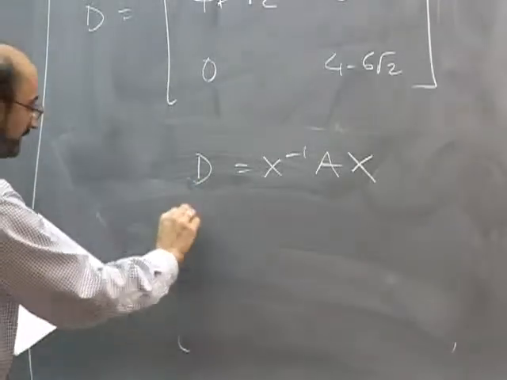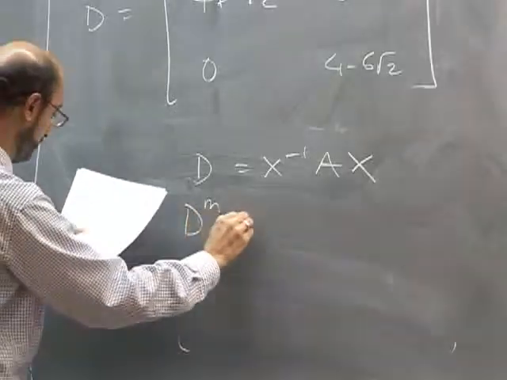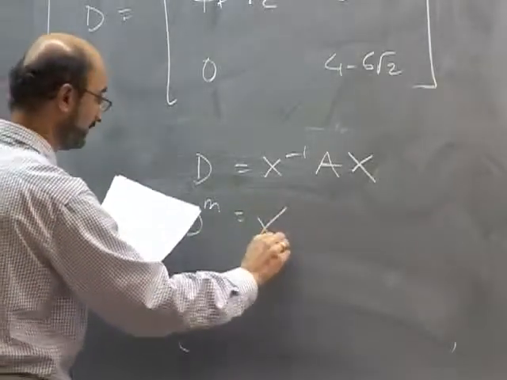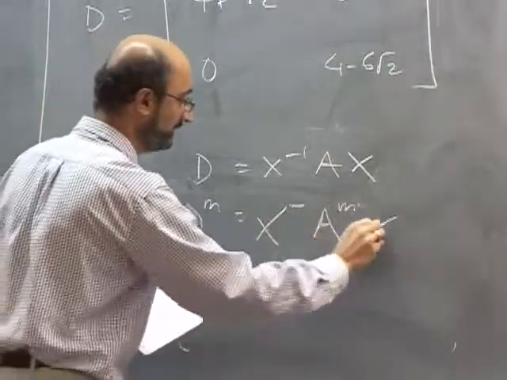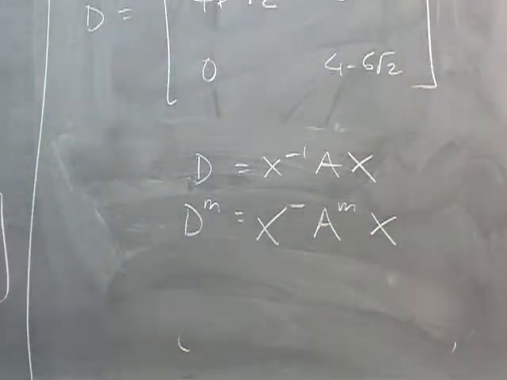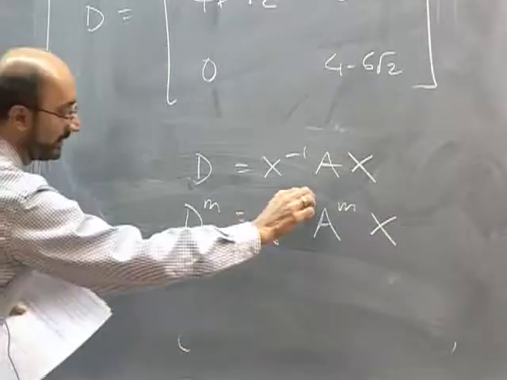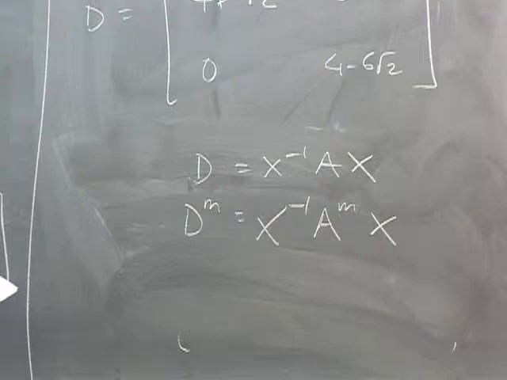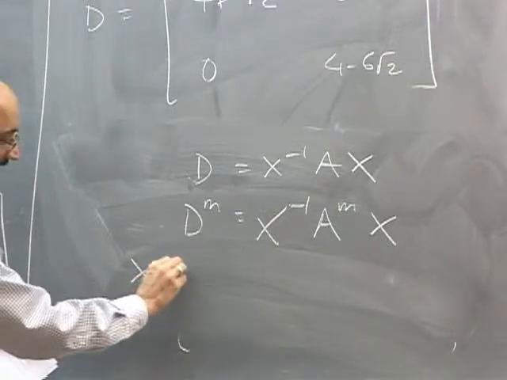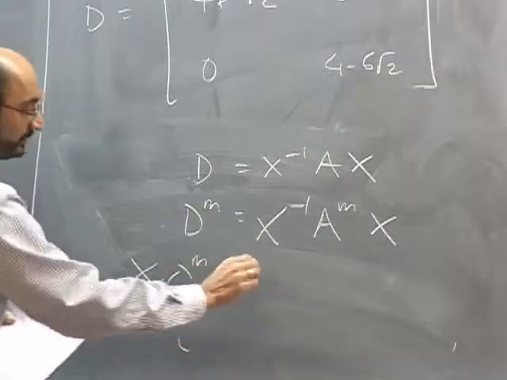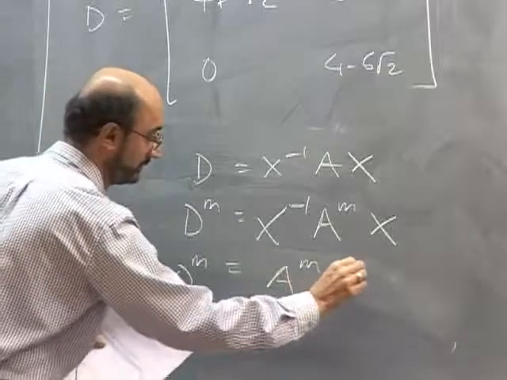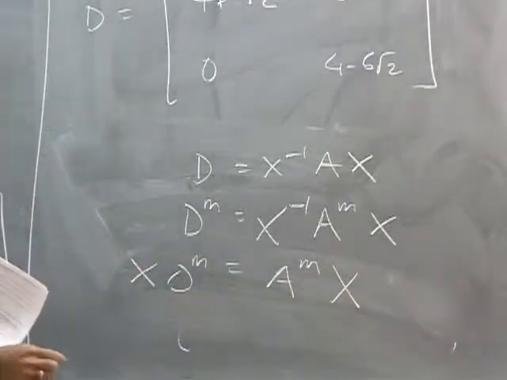Okay. So you're right. D to the m equals x inverse A to the m x. Okay. So now let me multiply both sides by x. So x D to the m equals A to the m x, right?